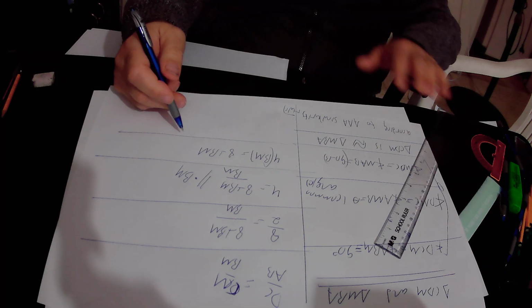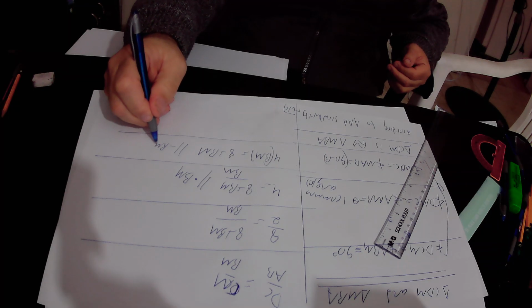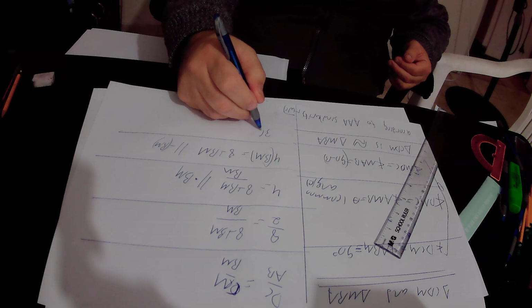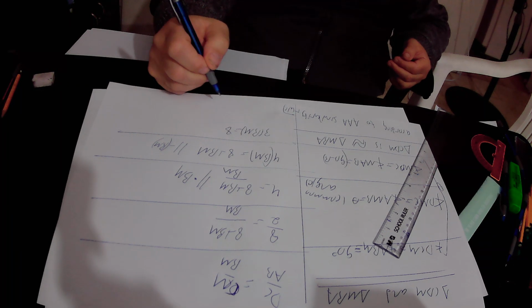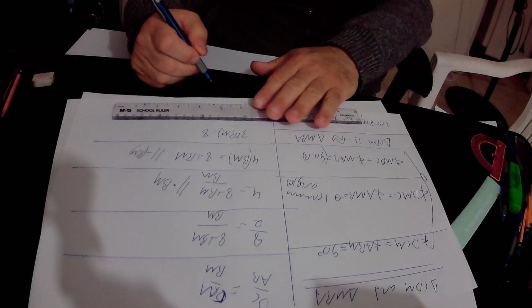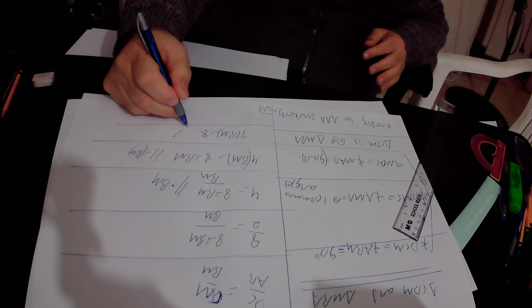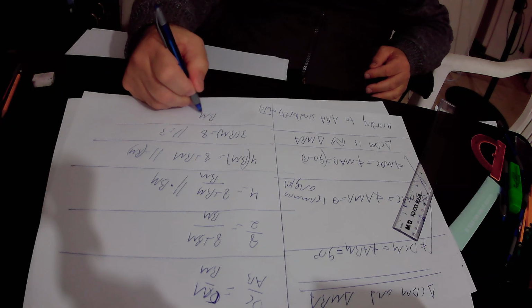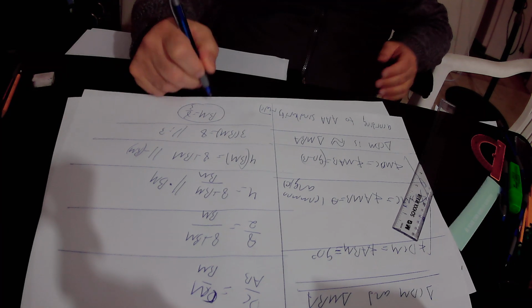So here we subtract BM from this equation, and we get that 4BM minus BM is 3BM, so 3BM equals 8. Here we divide this equation by 3. And finally we get that BM equals 8 over 3 units in length.